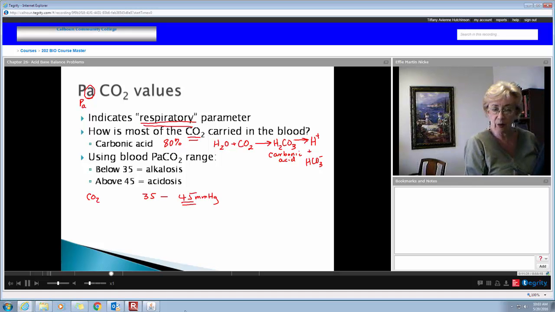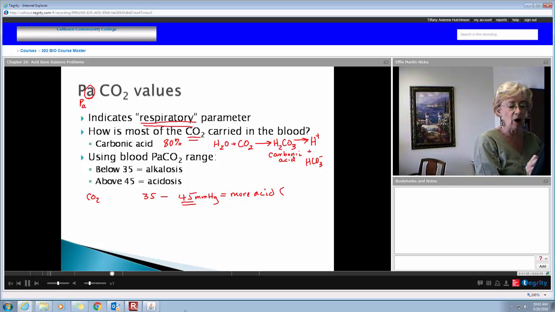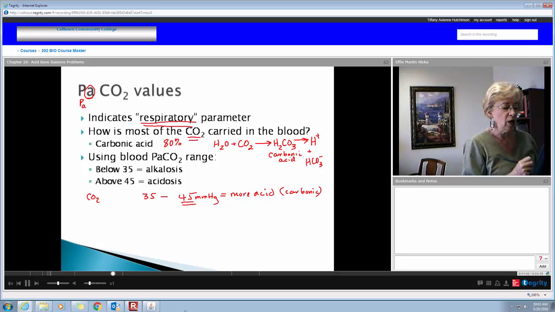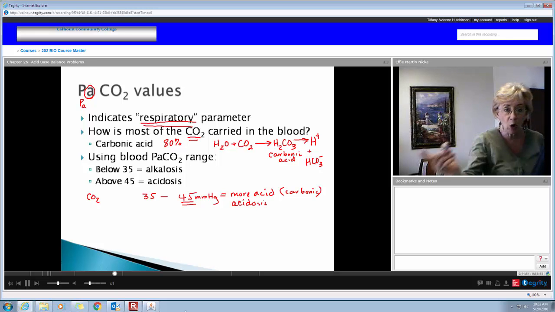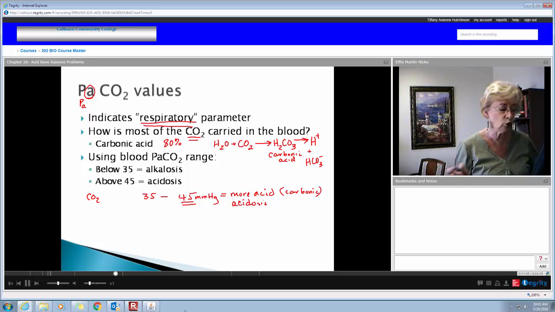The higher the number, the more CO2 you've got, which equals more carbonic acid in the blood. And so the higher the number on the CO2, the more you're going to go into acidosis, right? Because you're going to have more acid. So if you get outside of the 45, you're going to probably be in acidosis.